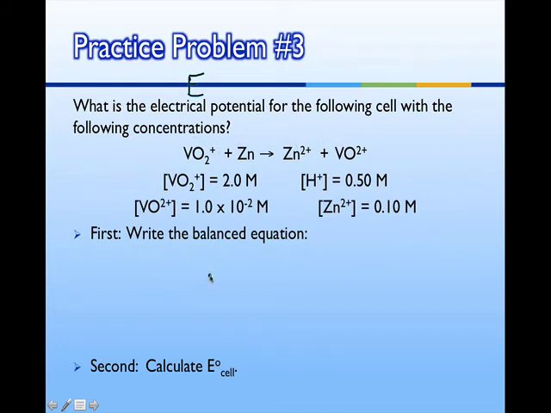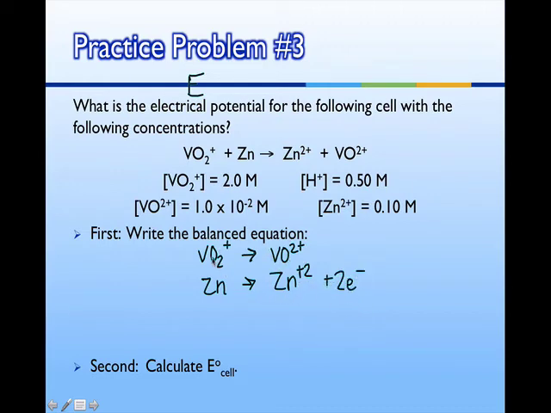I'm going to do that through half reactions. So I have this VO2 with a positive charge, and that's going to form VO2 plus. And then my other one is zinc going to zinc plus 2. And I'm going to do this guy first because it's much simpler than the top one. So that one's done.